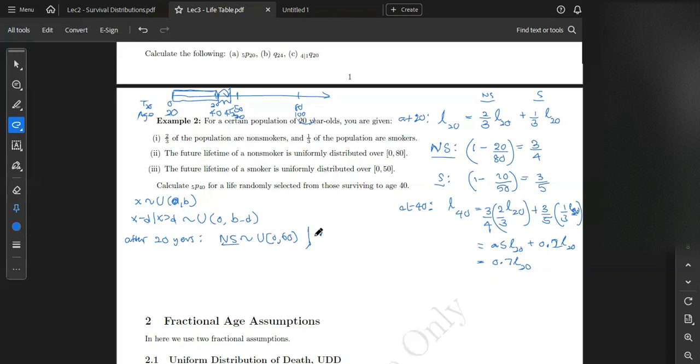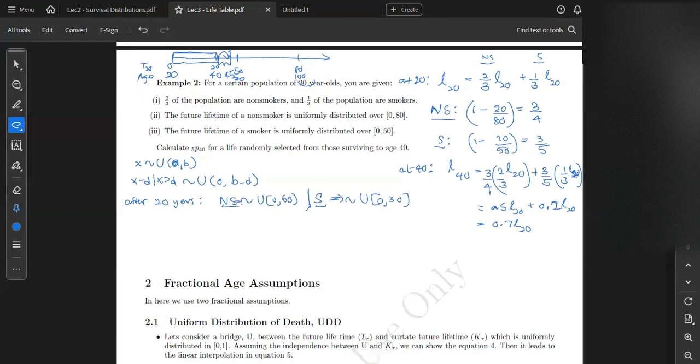And for smokers, we have a distribution from 0 to 30. So these are the two uniform distributions we can think of.